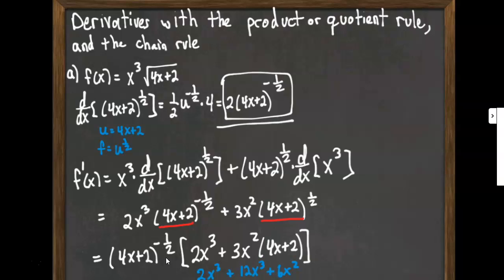Put those together, and we get 2x cubed plus 12x cubed is 14x cubed plus 6x squared. And when I moved the 4x plus 2 down to the bottom, instead of writing that stuff to the 1/2, I went ahead and transformed that into a square root. If you wrote it as the quantity 4x plus 2 to the 1/2 power, that's perfectly fine as well.